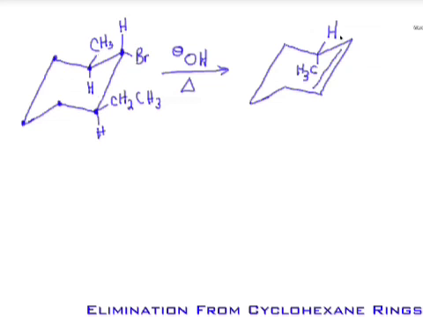Well, this is a situation now where we have to draw the ring flip of the starting material, and you do that on scrap paper to see if you can get anything anti. The reason you have to draw the ring flip is which bonds are anti to the bromine? Well, let us draw them in red. Here's my bromine bond.